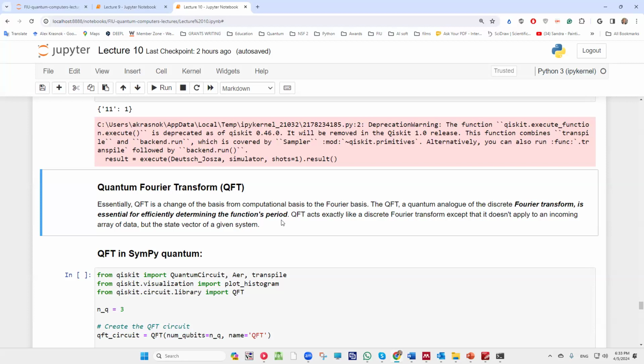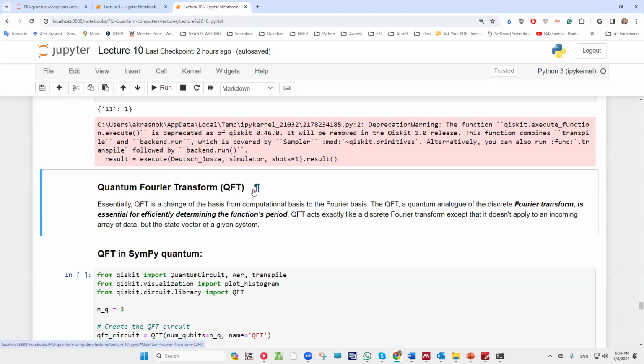So it's very easy to work with tables. The computer works with tables and matrices. So sometimes it's more convenient to change the basis. And the quantum Fourier transform does a similar thing.